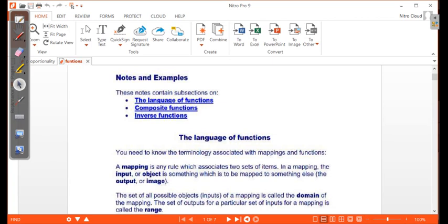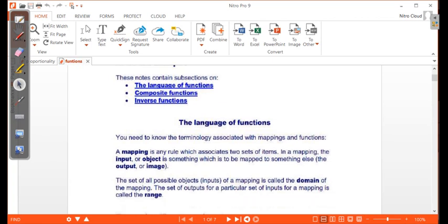I want to look at the language of functions. Then later on we'll look at composite functions and inverse functions. We need to know the terminology associated with mappings and functions.